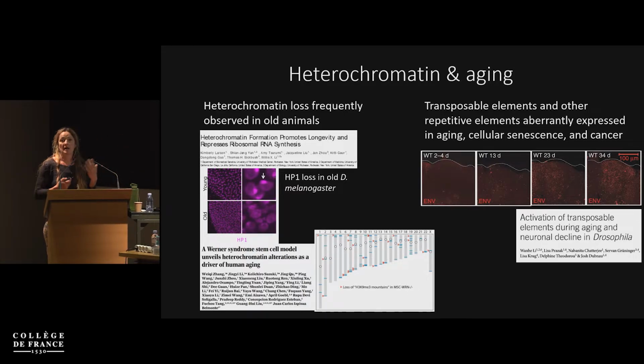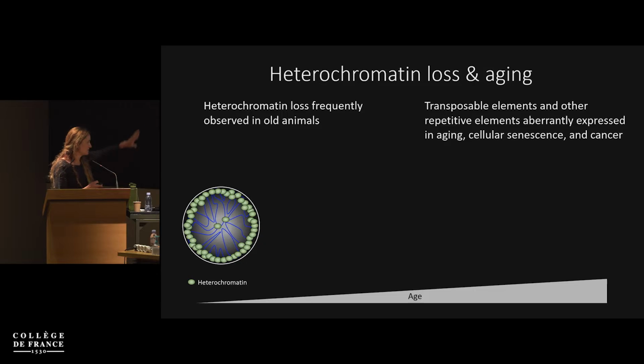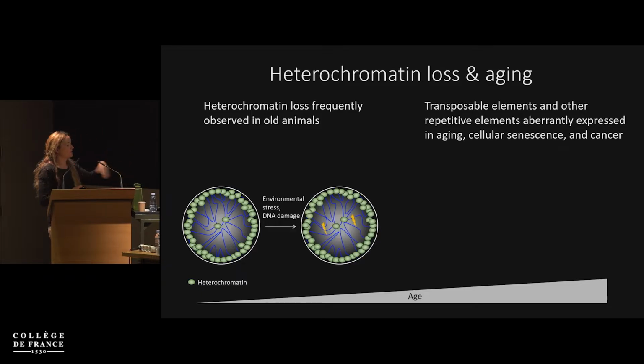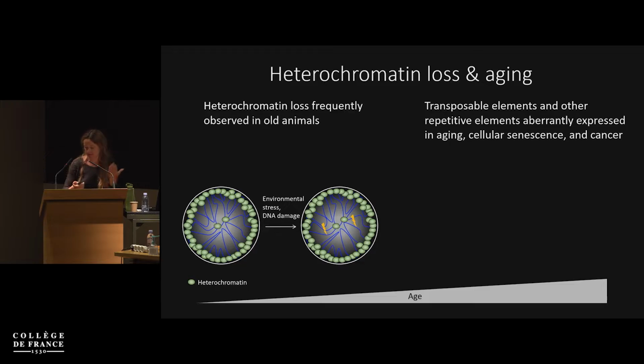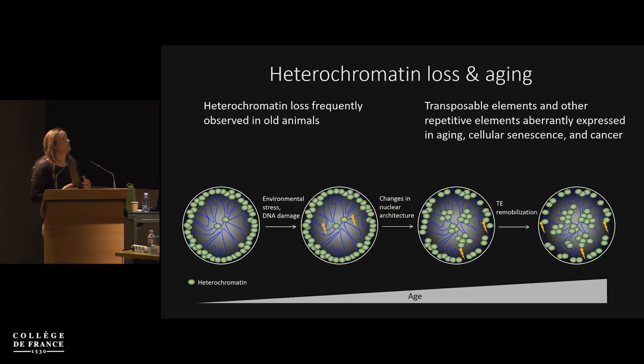As heterochromatin is becoming lost, as organisms age, transposable elements are becoming reactivated, and this has led to this model of heterochromatin associated senescence. So early on in development, you have heterochromatin formed and it's found at the periphery of the nucleus and it silences repeats. But as organisms age, heterochromatin becomes unraveled, it deteriorates, transposable elements can become active, and this can lead to cellular senescence.